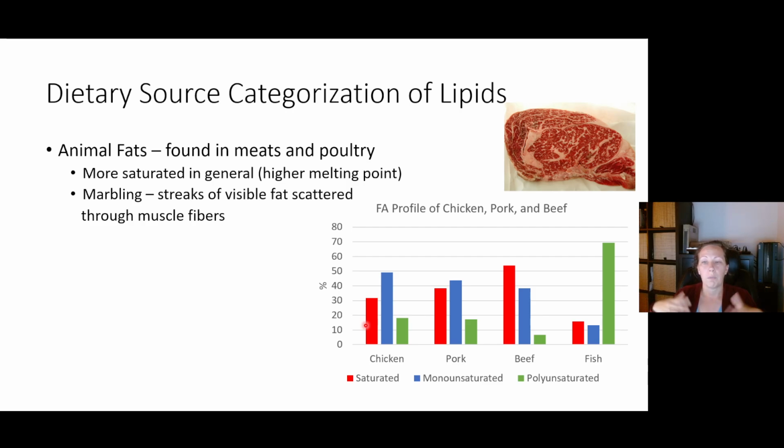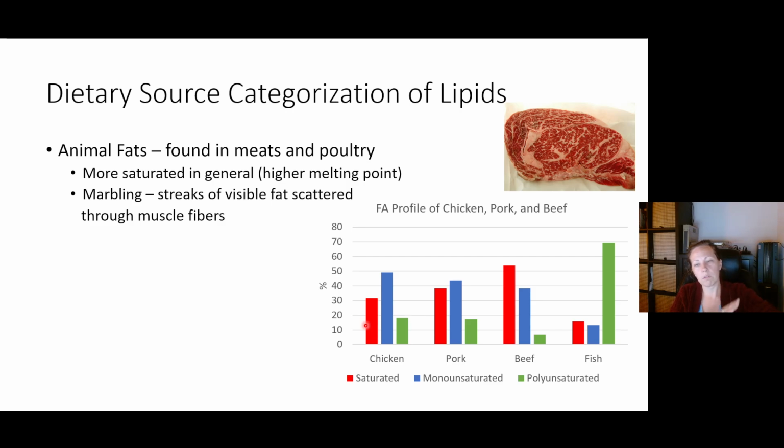So, cool fact, in animals in the winter, as you go down their extremities, like down towards their hoofs, the fat will become more unsaturated because the temperatures in those extremities are cooler in the winter compared to the main body of the animal.